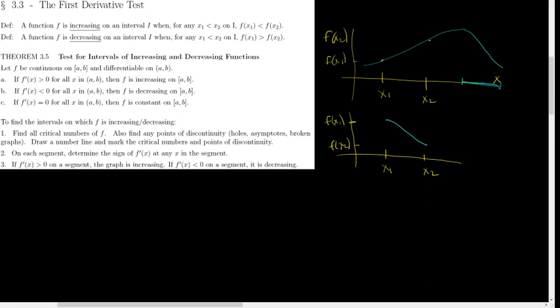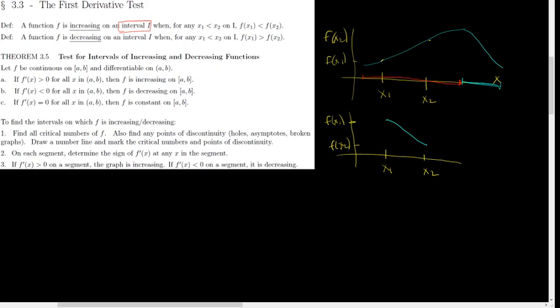And then from here to here, we would say the function is increasing. So it depends on the interval. That's what they're talking about when they talk about an interval: where is the function increasing and where is it decreasing.